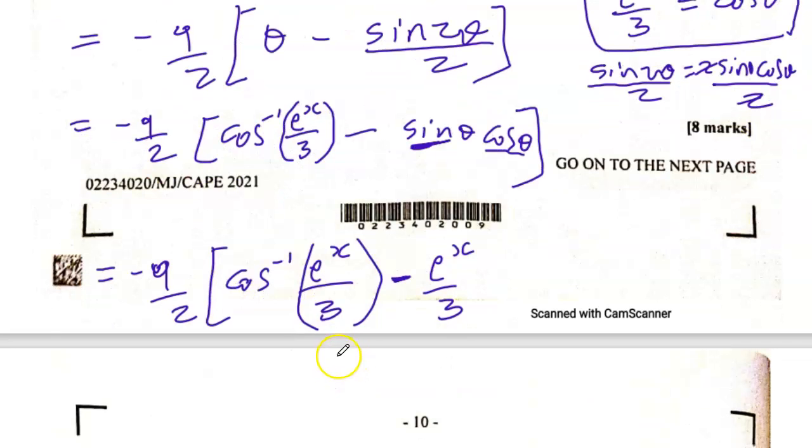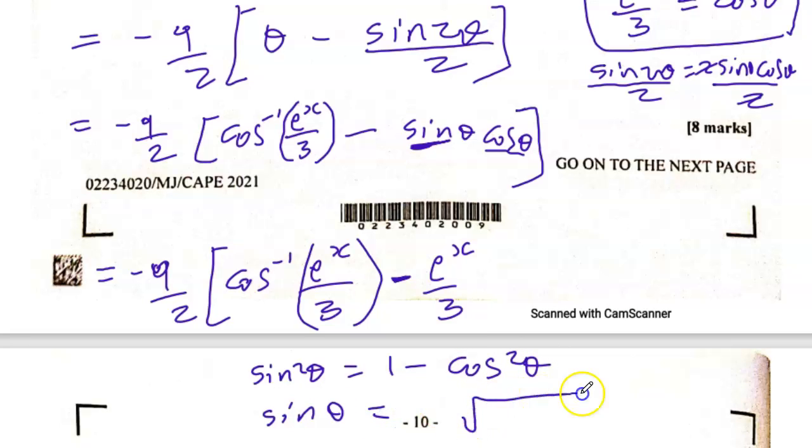Remember that sine square is equal to 1 minus cos square theta. So sine theta is equal to the square root of 1 minus cos square theta.